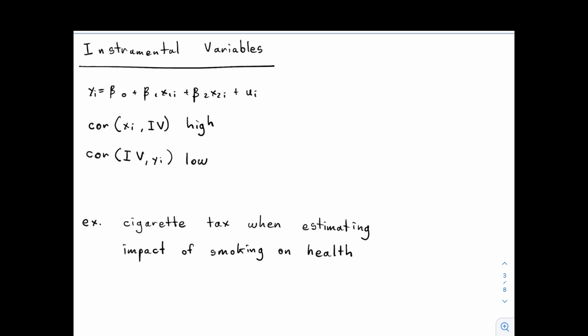Because when we're establishing causality, our main goal is to account for all the things that can be directly affecting y, the variable that we want to analyze, and to account for each of those things accurately.